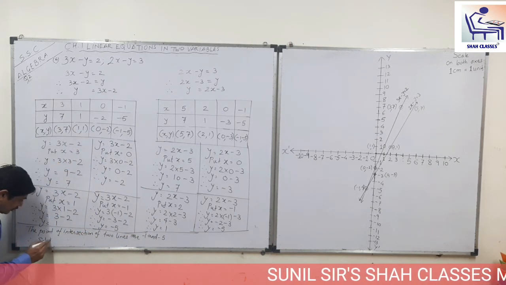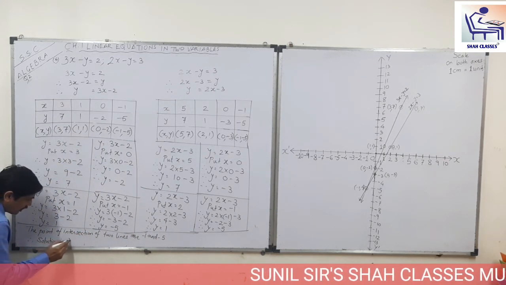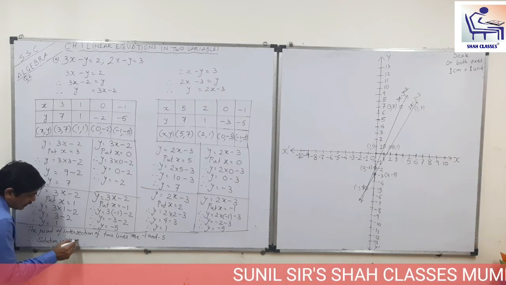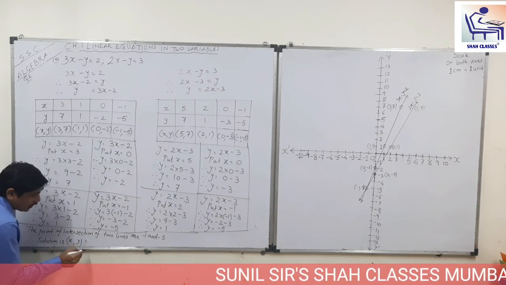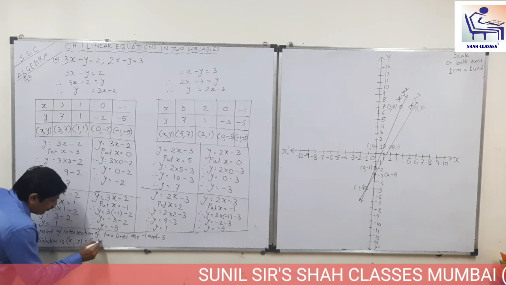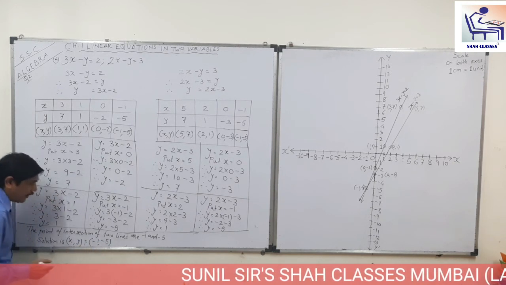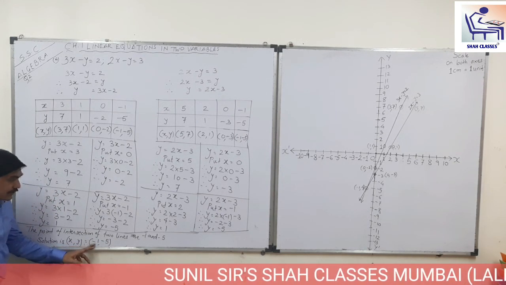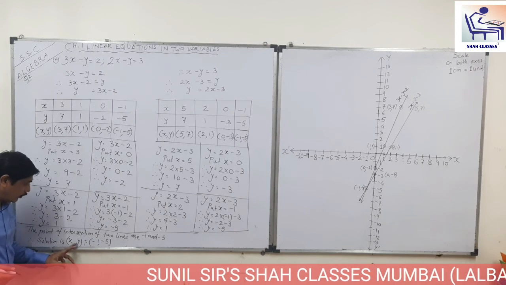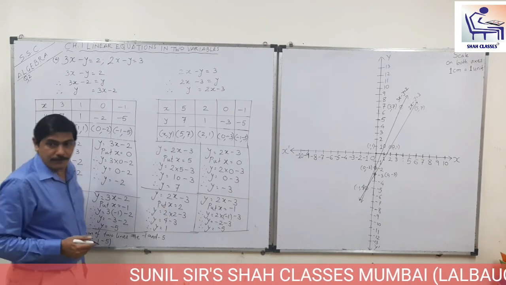Therefore, solution is x, y is equal to minus 1 minus 5. Please remember the value of x is minus 1 and the value of y is minus 5.